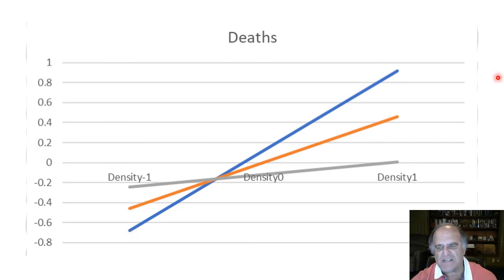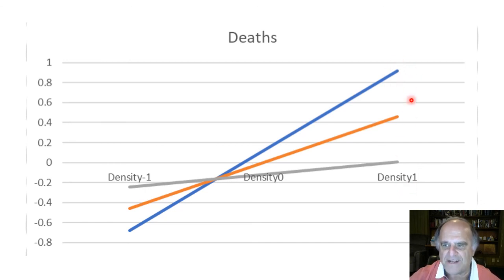Now, one thing I should add here, always when you interpret things, these are predicted values. They're not necessarily observed values. You might find no values that actually match these lines. But in terms of the predicted values, we would say that your troublesome combination is when you have high density and low temperature.